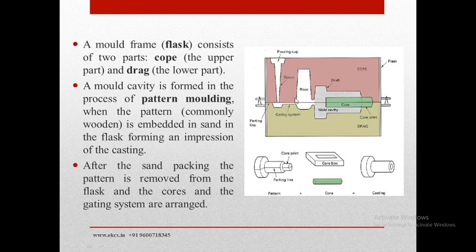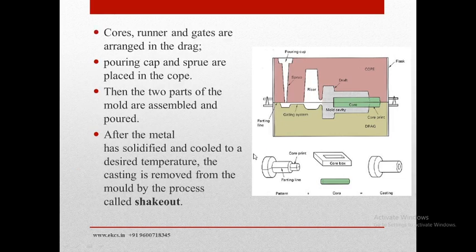This mold cavity is formed by means of pattern molding. Usually the runner and gates are arranged in the drag part. The pouring cup and sprue are placed in the cope part. Then these two parts are assembled together.